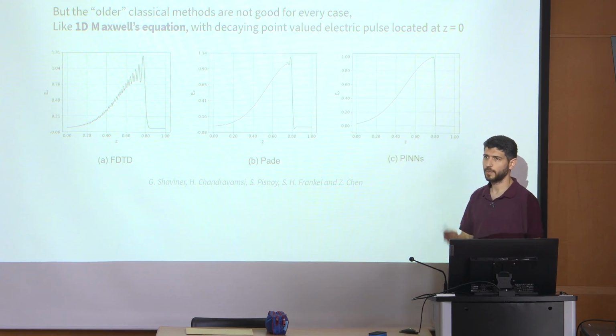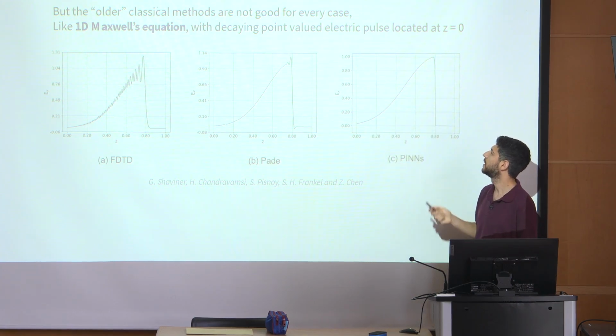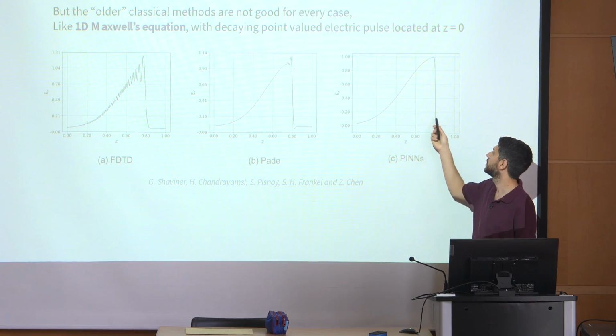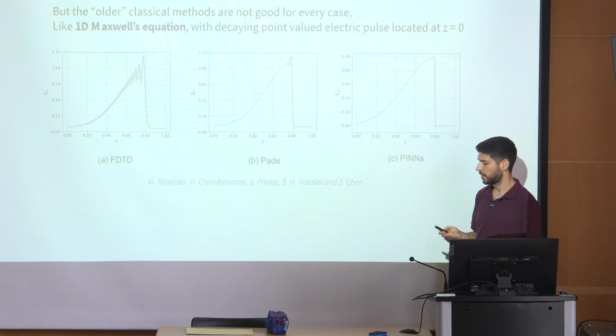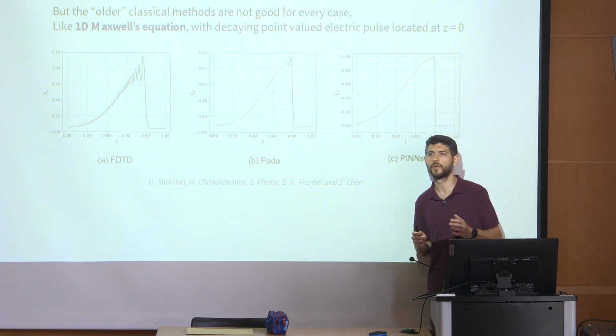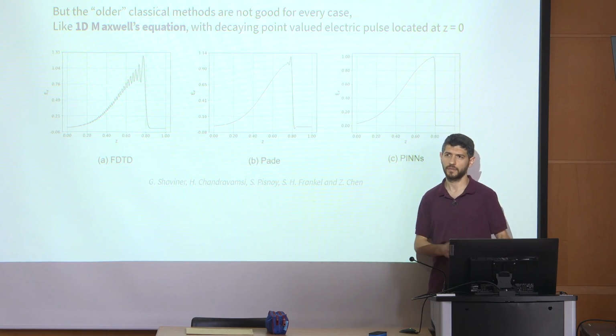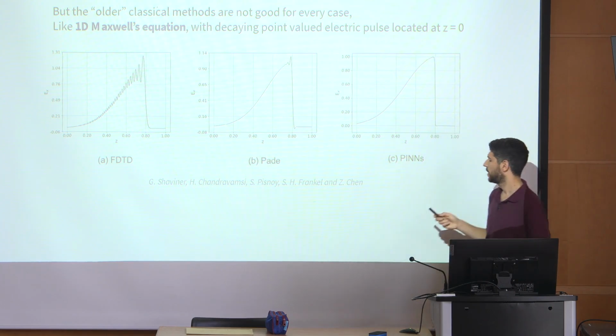It gets a much better solution. It doesn't overshoot, it doesn't undershoot later, and it is quite smooth. So the old classical methods are not so good for every case. They're very good for some of them.